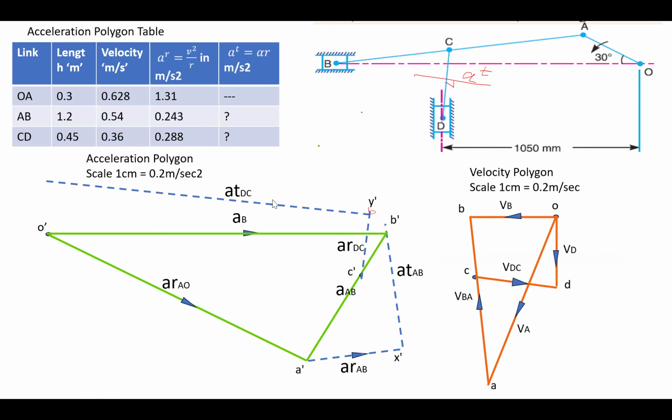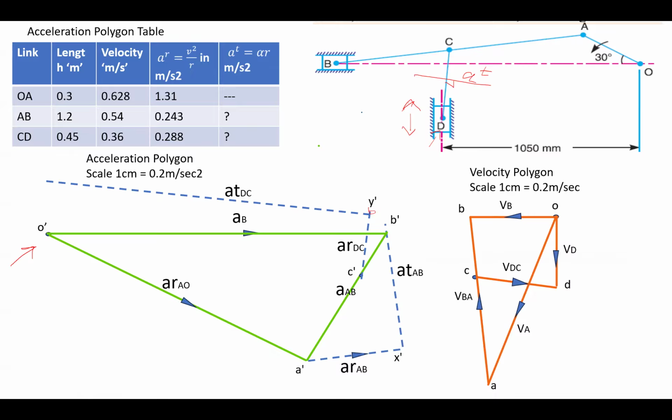Now after drawing this tangential component, next link is the D. D is having line of torque vertical. So for a slider, the acceleration component is a line drawn parallel to the line of torque of that slider. From where you have to draw? You have to draw this from the pole. Our pole is O. So line of torque of the slider D is vertical.